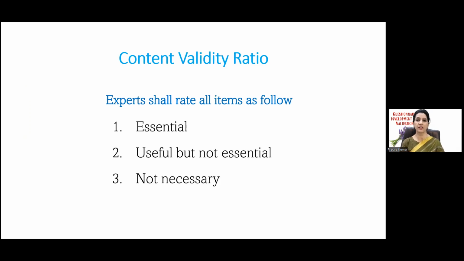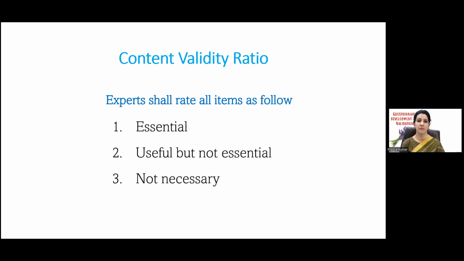Now there is another measure of content validity, which is the content validity ratio. This is given by Lawshe, and we call it the Lawshe method. Here also the experts rate all items, but here we take 3 points.